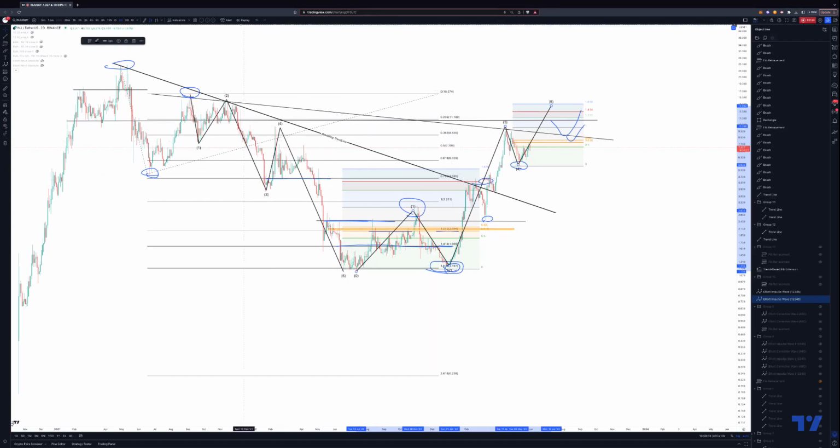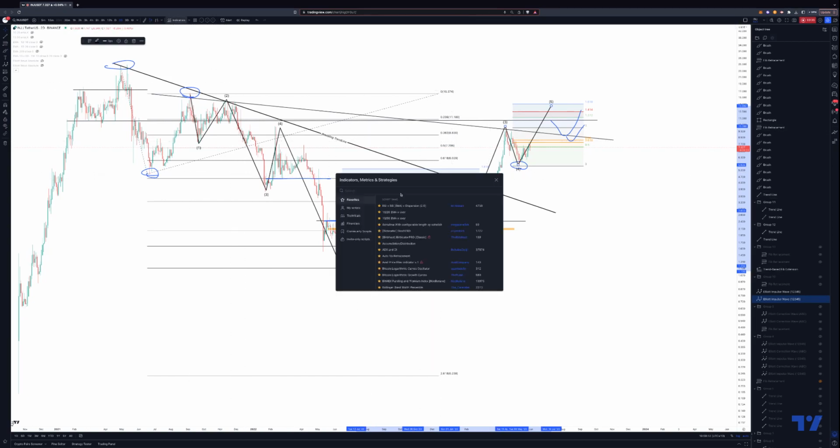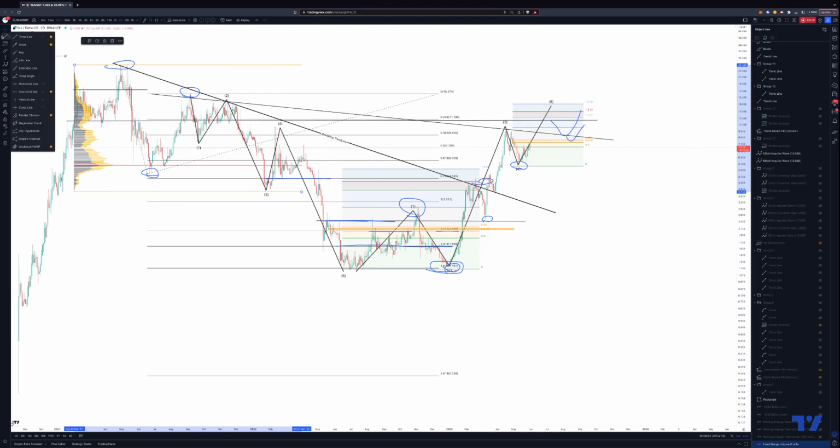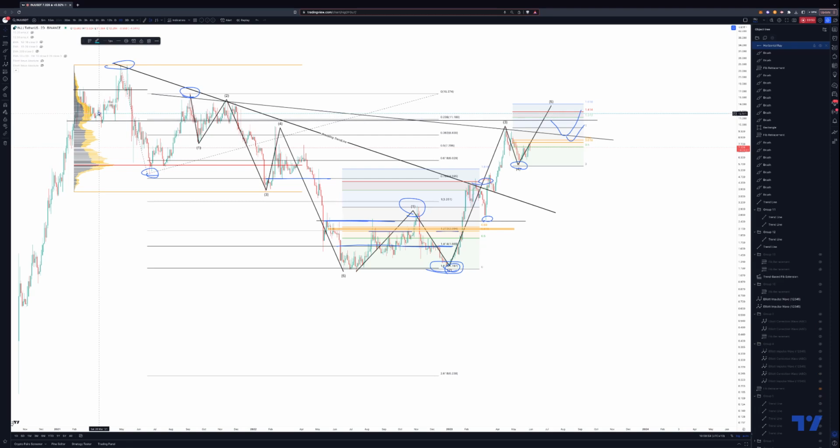Let's have a look at it from another perspective. Let's put on our profile, put this here, and let's see where the point of control is. So volume, point of control, we got one roughly around here. Where is that?